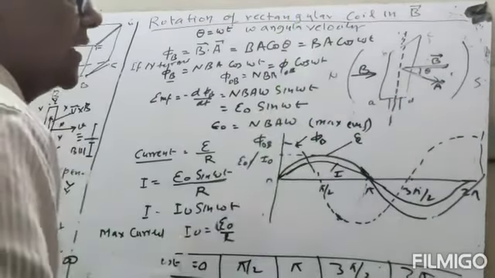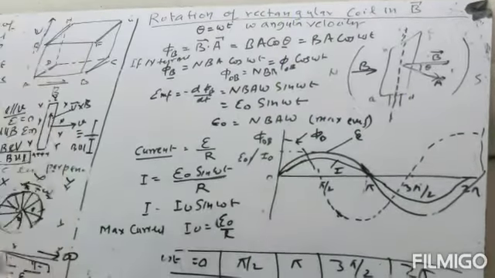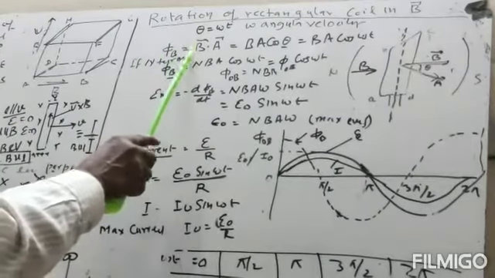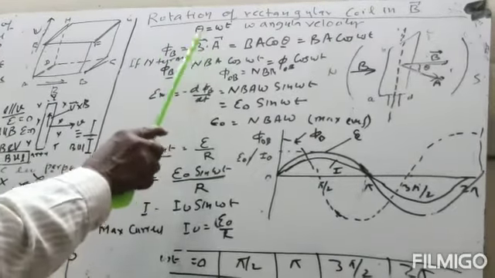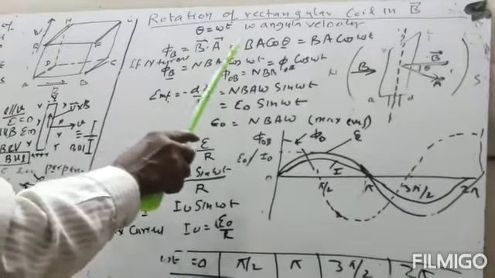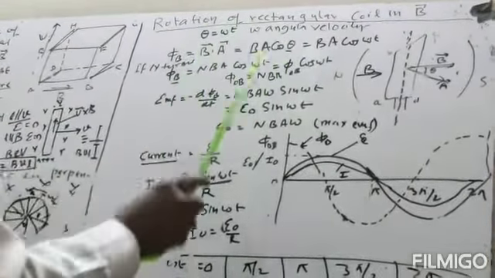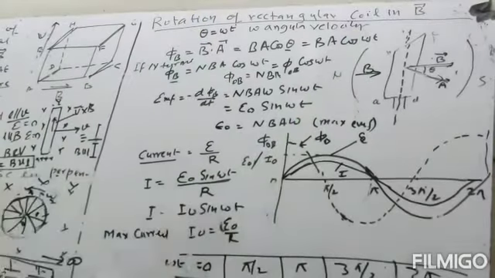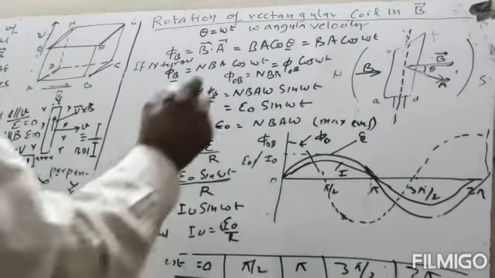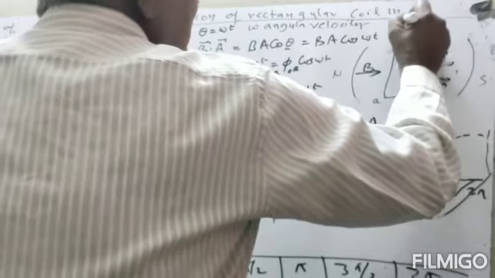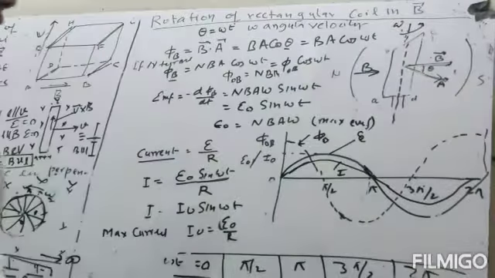So what will be the magnetic flux? The magnetic flux phi B will be equal to B dot A. B is the magnetic field, A is the area vector. So it will be equal to B A cos theta. Now, what will be the angle there? We have this axis, and the axis is rotating with angular velocity omega.